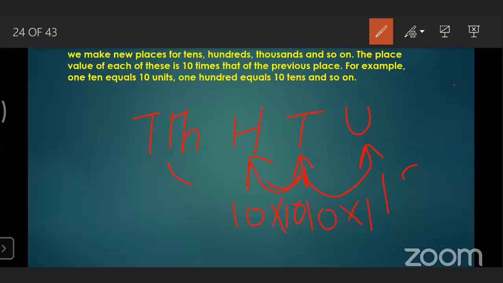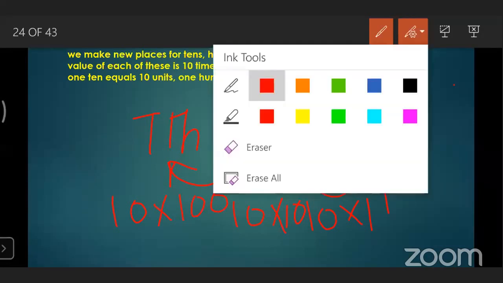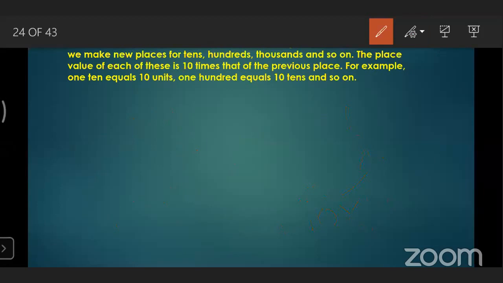Similarly, the value of 1000 is 10 times of 100. So we write down the number as usual in the form of unit, 10, 100 and 1000.